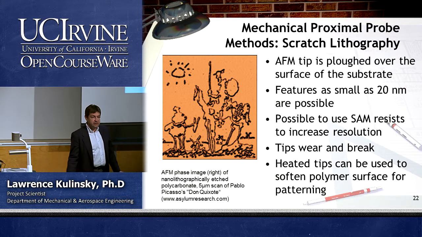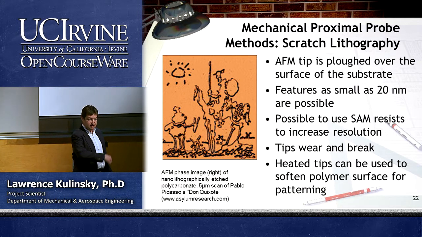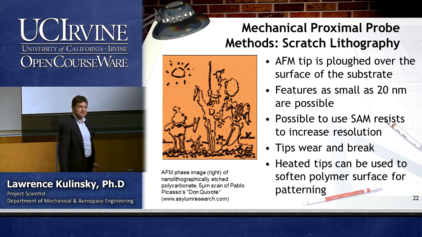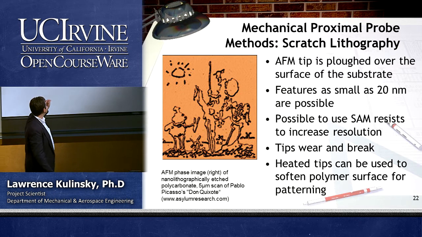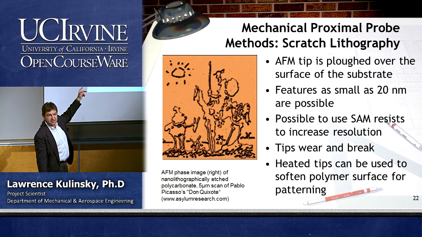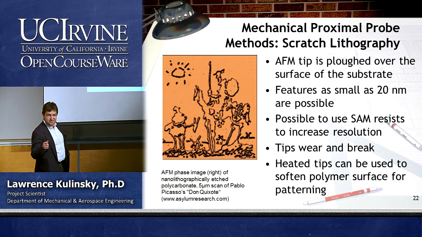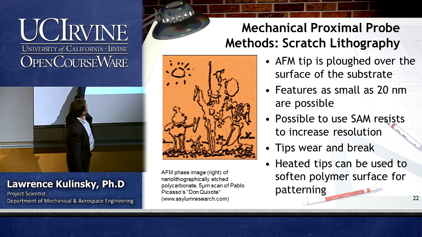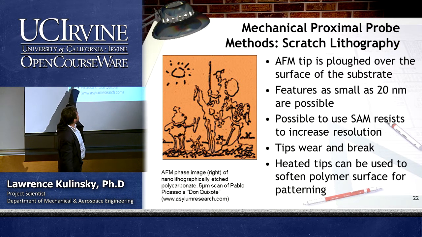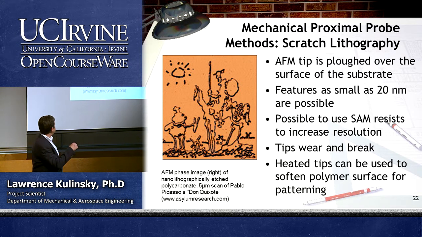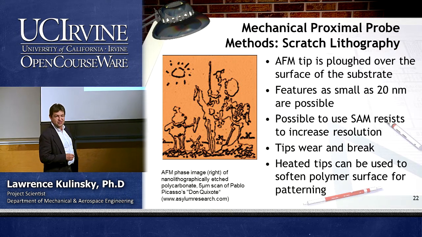Finally, you can just use the tip of your microscope as a scratching tool. You can just scratch the surface. Here you have Don Quixote and Sancho Panza from Picasso's sketch, scratched out on a piece of polycarbonate plastic. They just used the tip of an AFM, I think, and scratched it out.